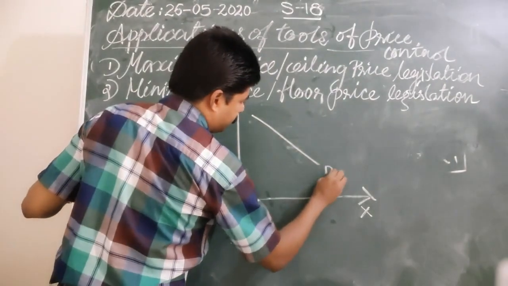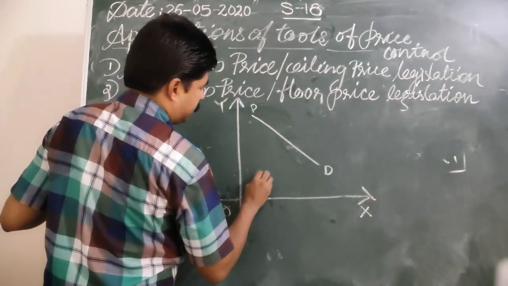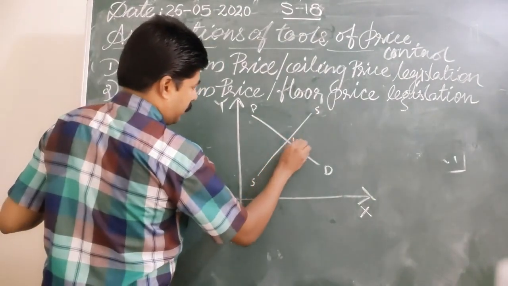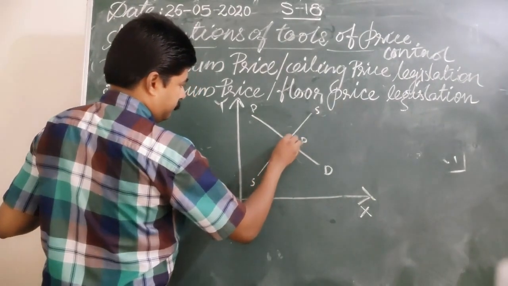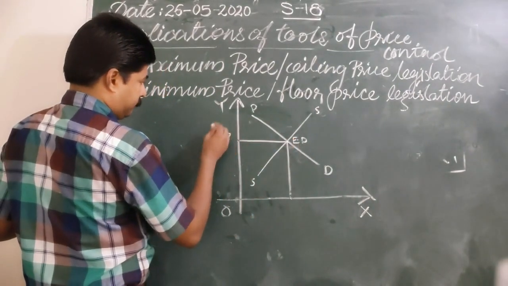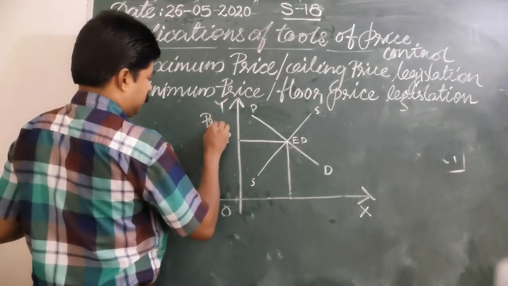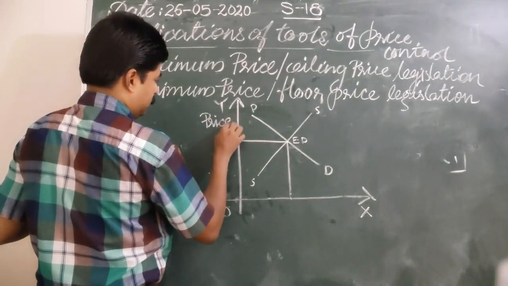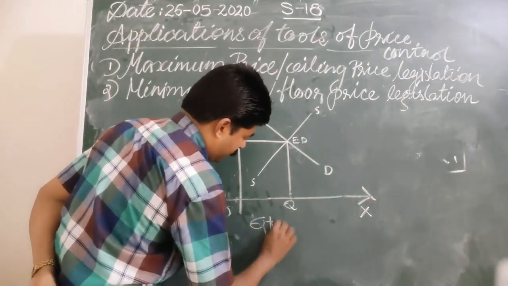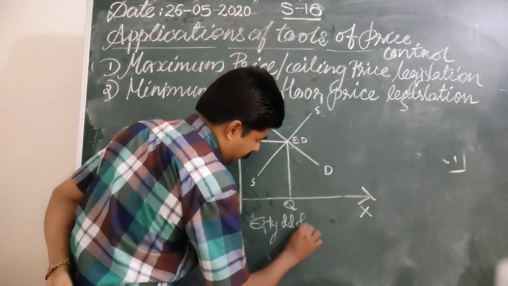Demand curve, supply curve, equilibrium price, price on one axis, quantity on the other, quantity demanded and supplied.